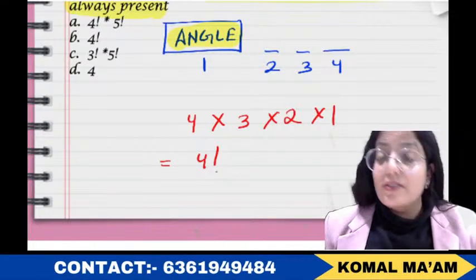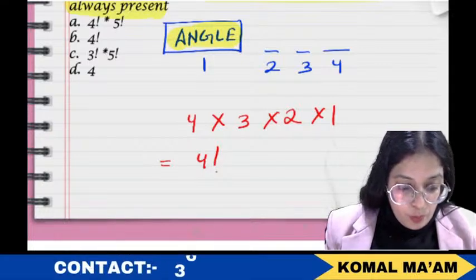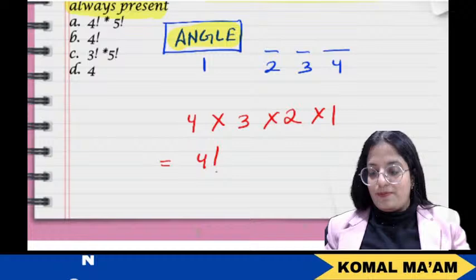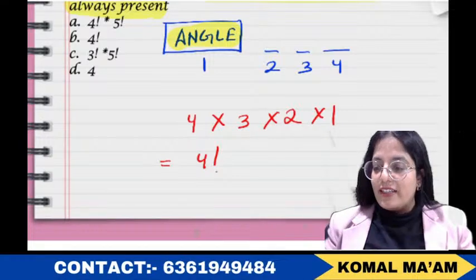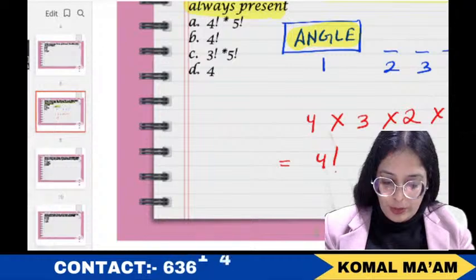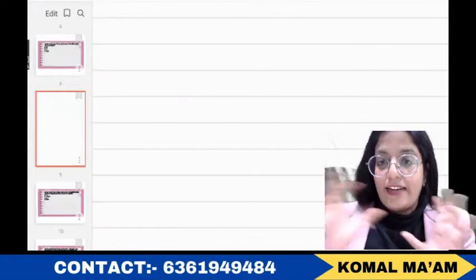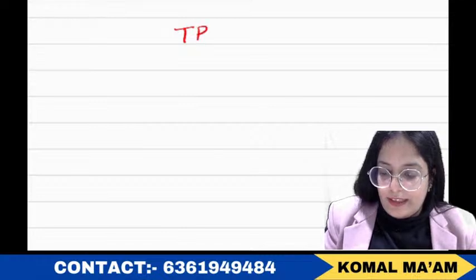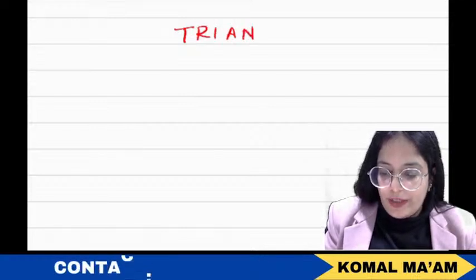Okay, 4 options will come. How? Okay, 4 options, see, it is something like the chair race game we used to play. Okay, see, we had these letters.